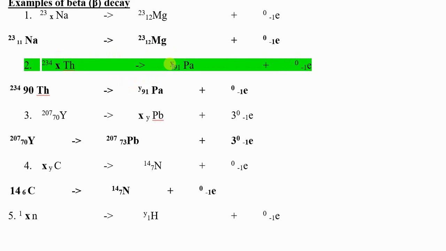Therefore, Y is 234. What about this? It is 91. It has increased by 1. Therefore, the original must be 90. So the original is 90.